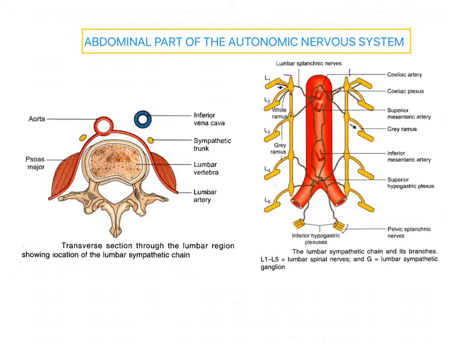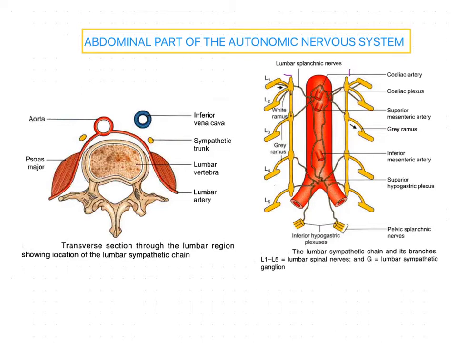The branches arising from this lumbar sympathetic trunk supply the somatic branches to the lower abdominal wall and the lower limb, and also supply some visceral branches for the pelvic organs.